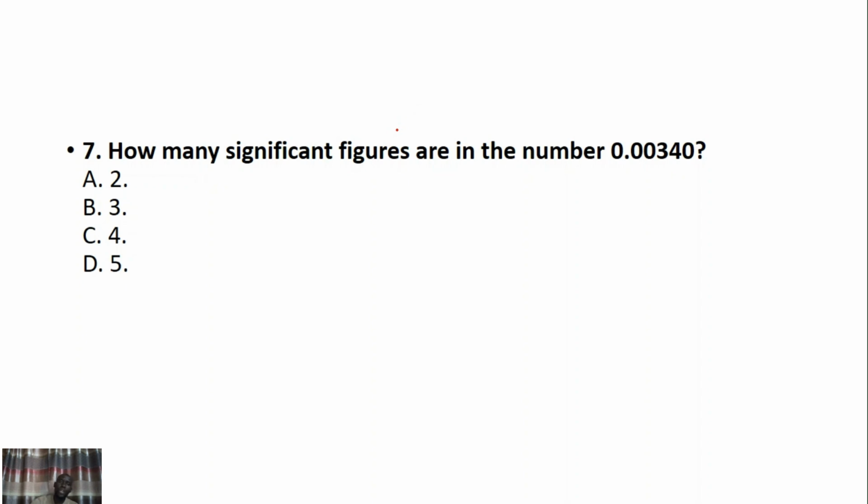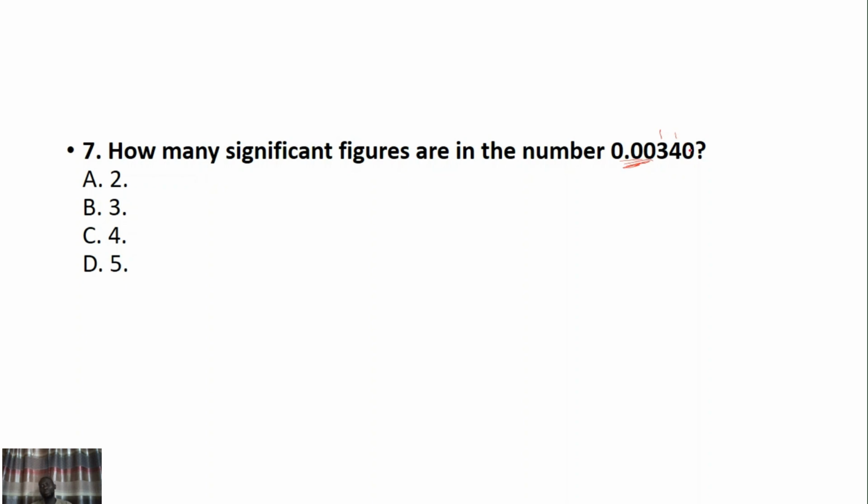Next question. How many significant figures are in this number? Now, let's use the rule that we learned in assigning significance to a figure. The leading zeros are usually non-significant in decimal numbers, right? And non-zero numbers are significant. So this one and this one are significant, making 2.